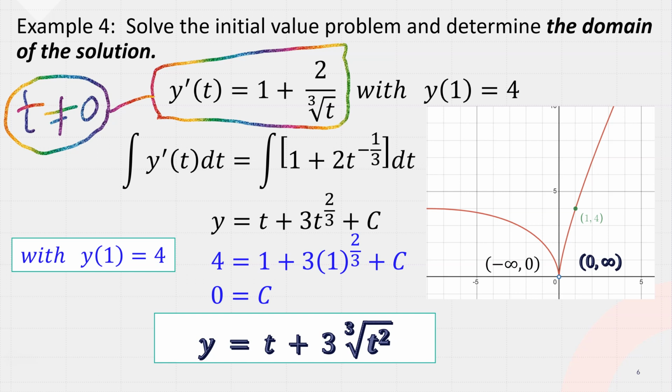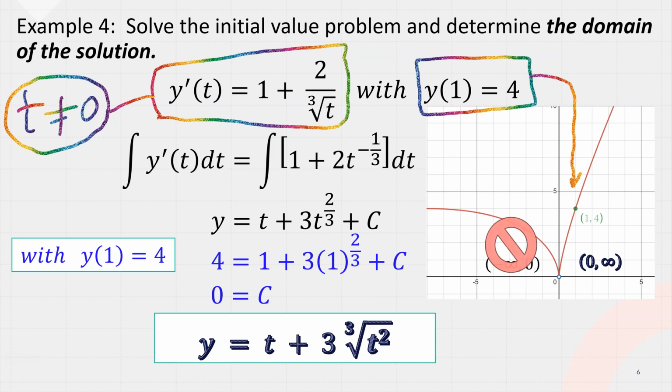Well, because this is a particular solution where the initial value has to be satisfied, we cannot take the left branch. So the right branch is where the initial value is satisfied.